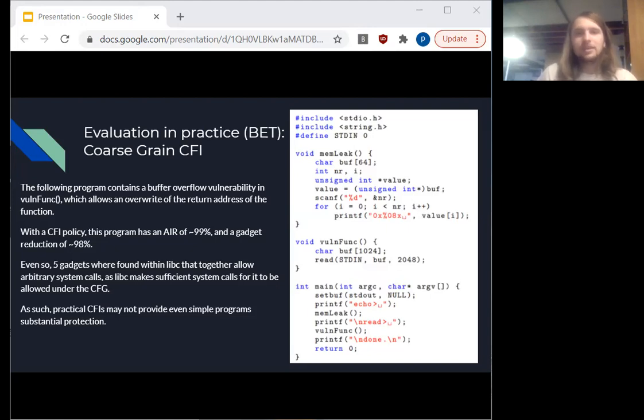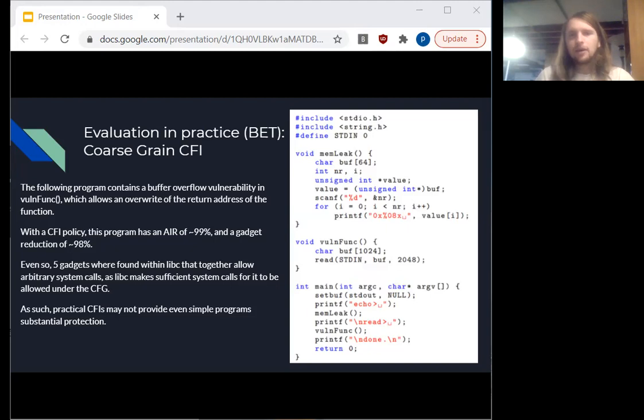And this is a practical CFI. It isn't even the fully precise one. So we have to consider that, at least for trivially broken programs, the CFI doesn't necessarily offer protection.